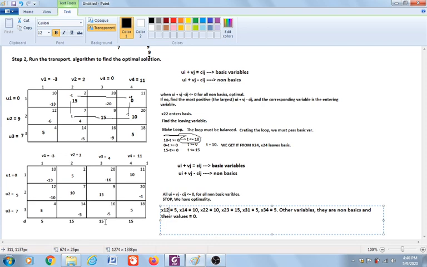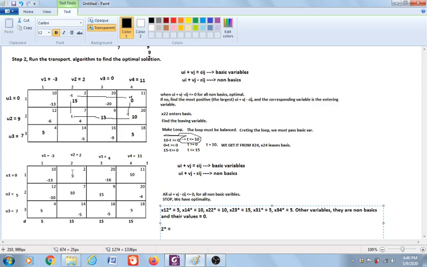Now, because it is the optimal solution, I need to put a star over here, just to indicate it as the optimal solution. And what is the value of z star?